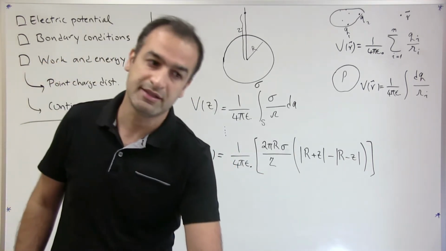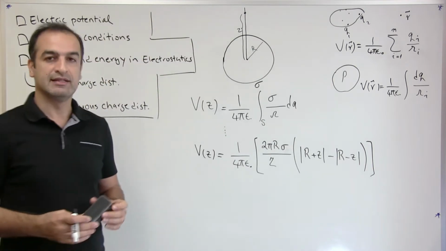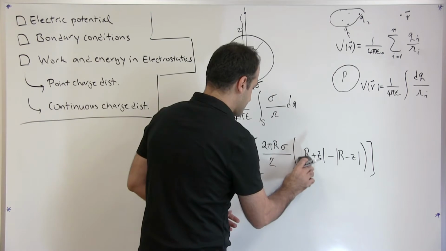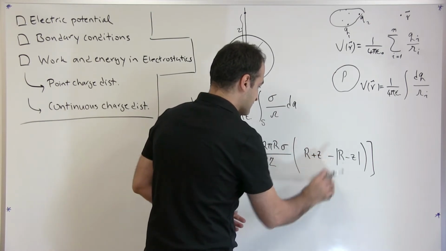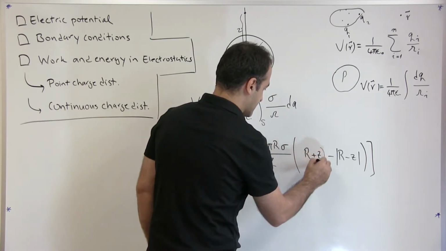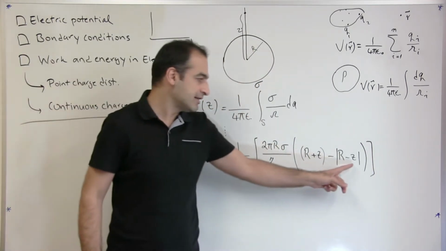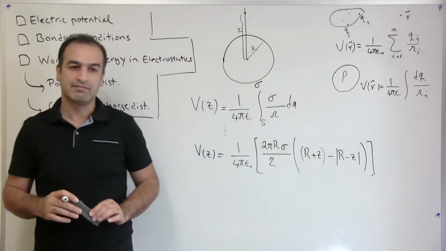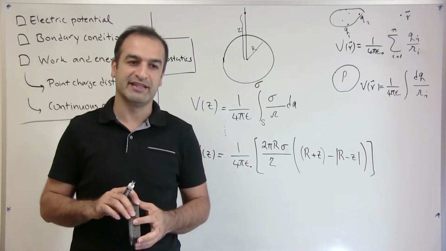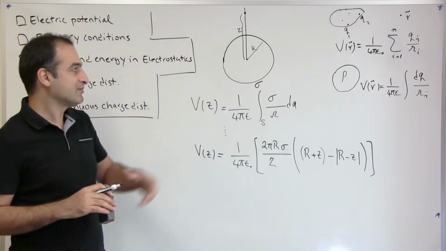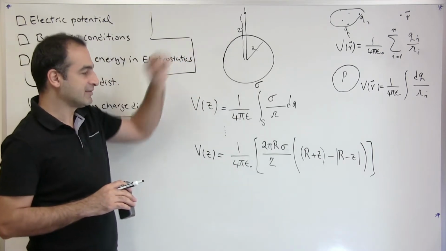Okay, so R is a positive number, right? And z is also a positive number. So the first one is simply R plus z, it's always positive. Okay, so I'm going to change that to R plus z. How about R minus z? Is it positive or negative, or does it depend? That depends on whether you are inside or outside the sphere.